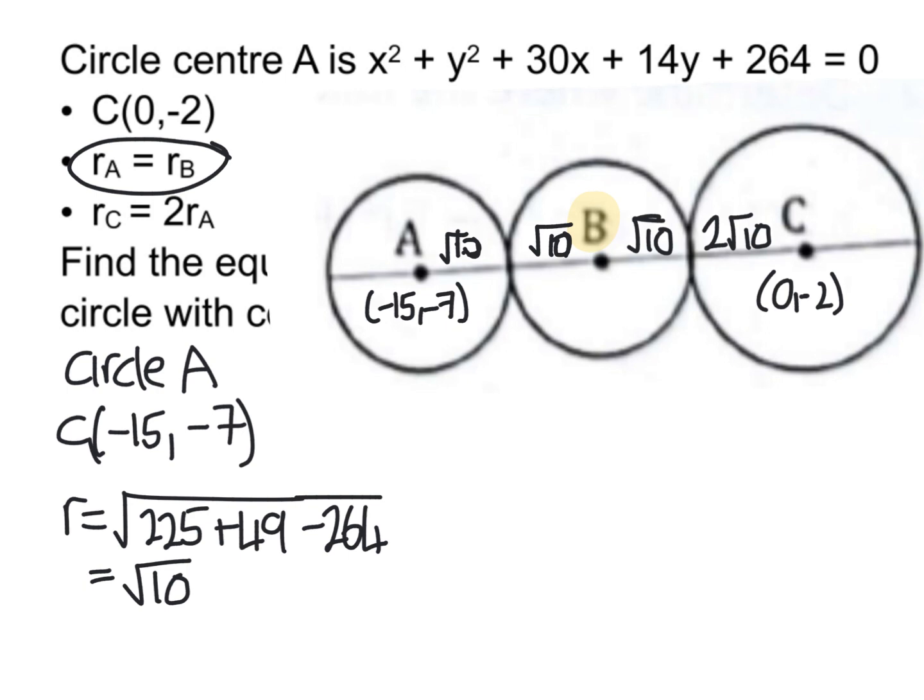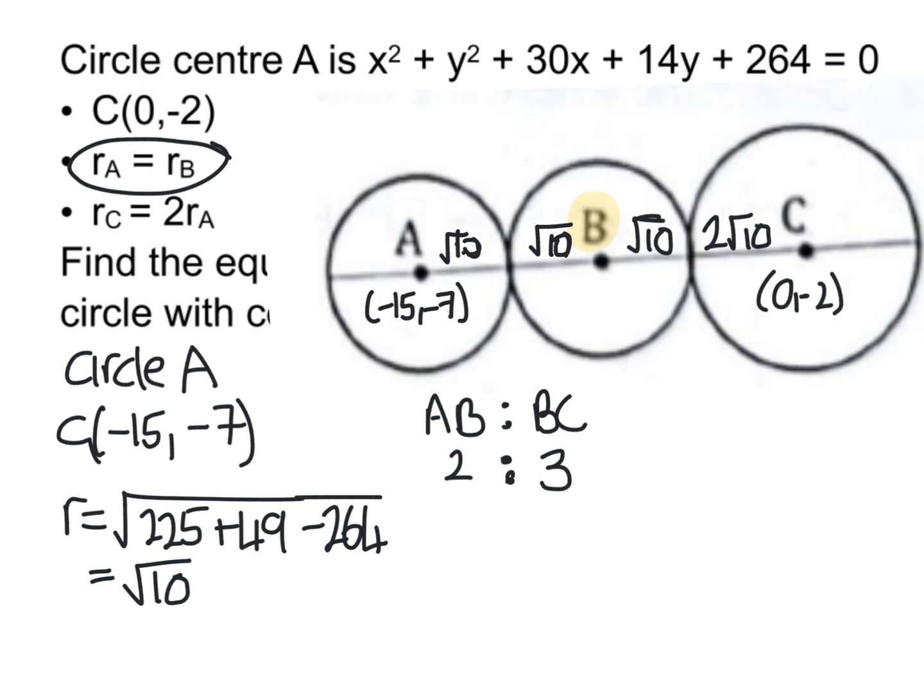Basically we need to get from A to B, or from B to C. In terms of a ratio of B to C, A to B is 2 root 10, so that's a ratio of 2. B to C is 3 root 10, so it's in the ratio 2 to 3.